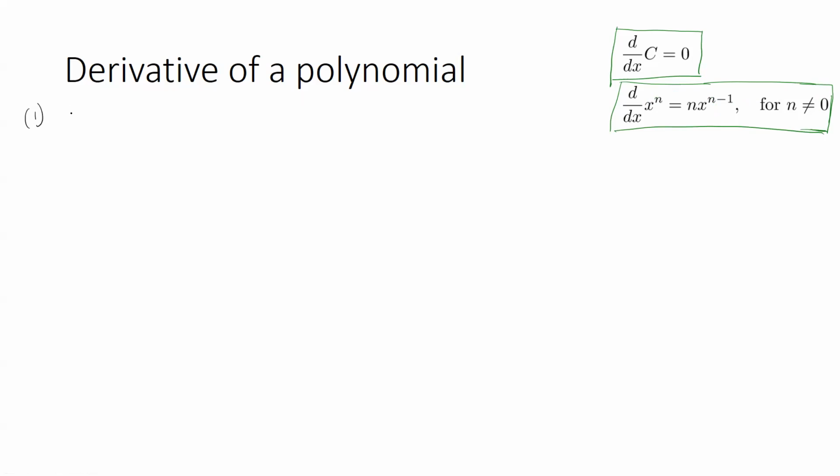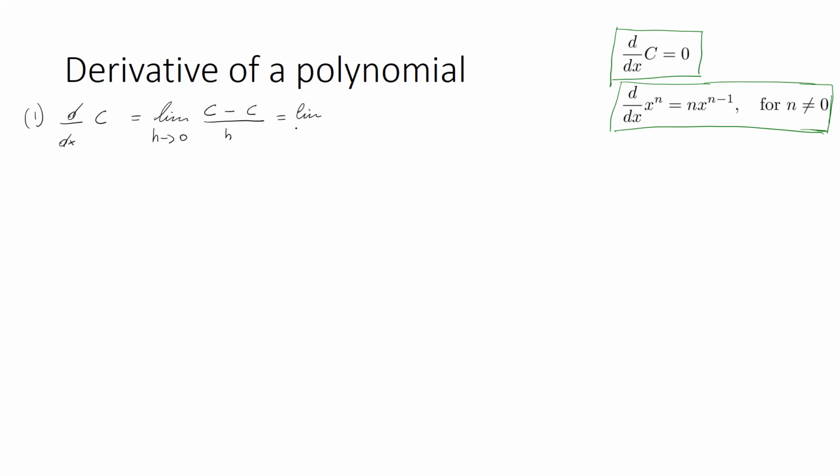So let's start with the derivative of a constant, and let's do this nice and slow. Let's write out the definition. So I have to take the limit, and now I have to take the function value at x plus h, but the function is everywhere constant, so that's c, and then minus the function value at x, so that's c again, and then divide that by h and take the limit.